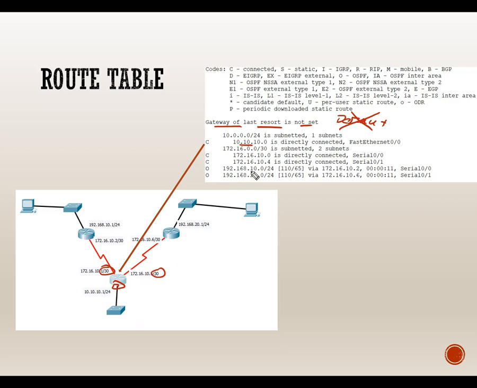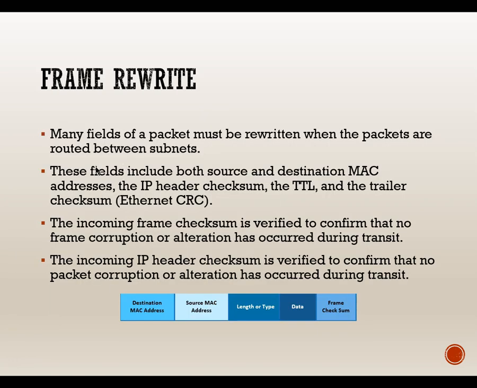And then the 192.168.10 network would be up here via the 10.2. The via is the next hop address, and then it goes out serial 0/0, which would be this one right here. So a route table, again, a look at what one looks like and what's in it.